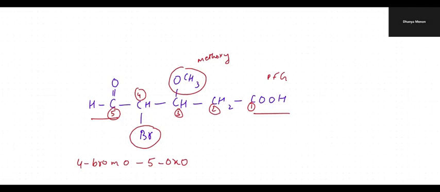Then third position, I have methoxy. There are 5 carbons, so pent, all single bonds, so pentanoic acid.